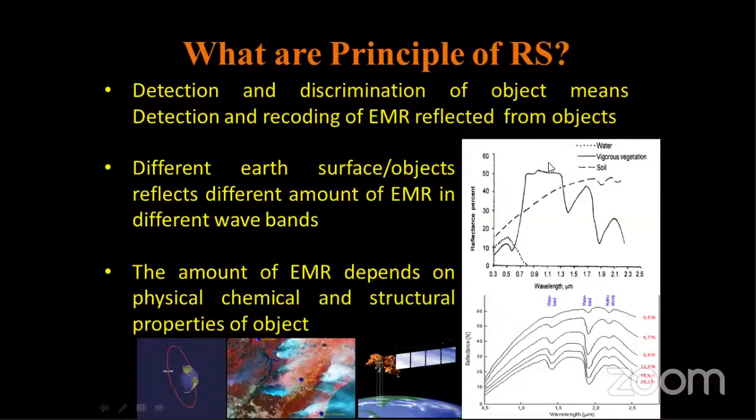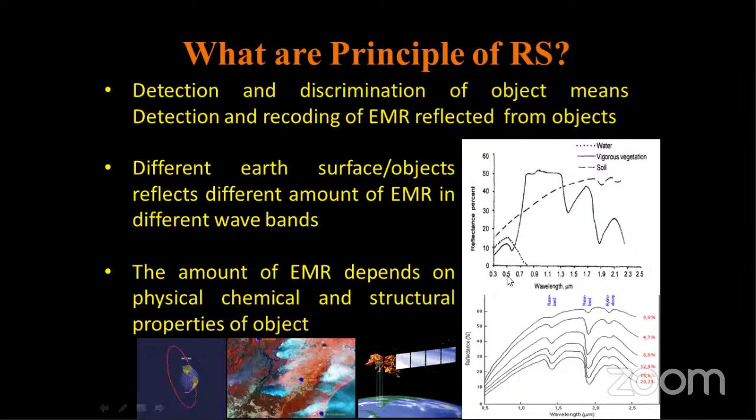It has a spectral response that is very unique compared to water as well as soil. On the earth surface we have basically three kinds of material: water, vegetation, and soil. All these materials reflect different energy in different bands.